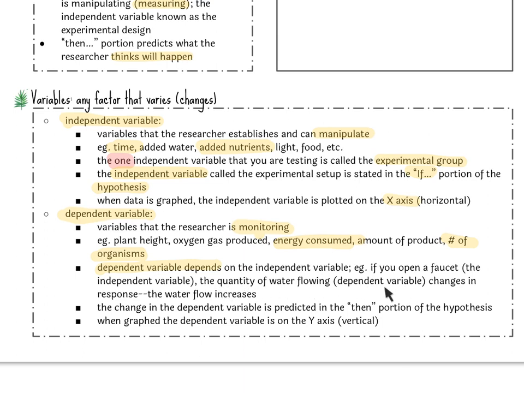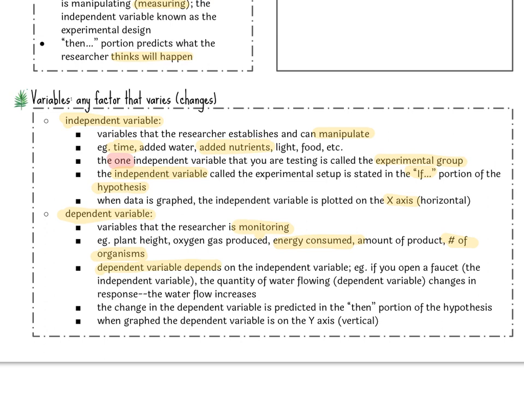So your dependent variable, the water flowing, you could not measure that until you open the faucet. Until you change that faucet, you can't measure anything. Okay? If you don't turn on the faucet, you're just sitting there looking at it and you can't measure anything. And that's a really boring experiment and useless. So you have to open the faucet, you have to change that, and then you will get something that you can measure. Okay?